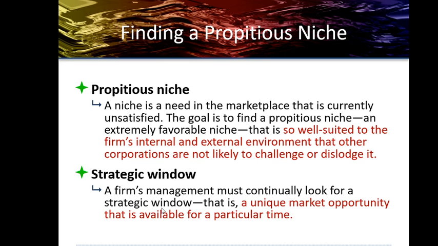Now strategic windows, on the other hand. A firm's management must continually look for strategic windows, that is, a unique market opportunity that is available for a particular time. For example, now with the coronavirus, Allah يبعده عن الجميع. If you are watching the news, a lot of textile manufacturing companies in the world now have the opportunity of manufacturing masks.